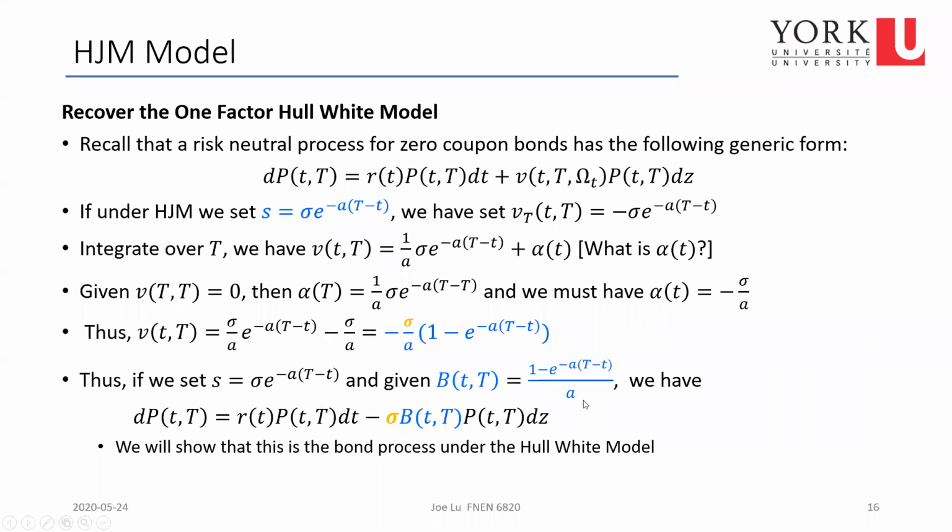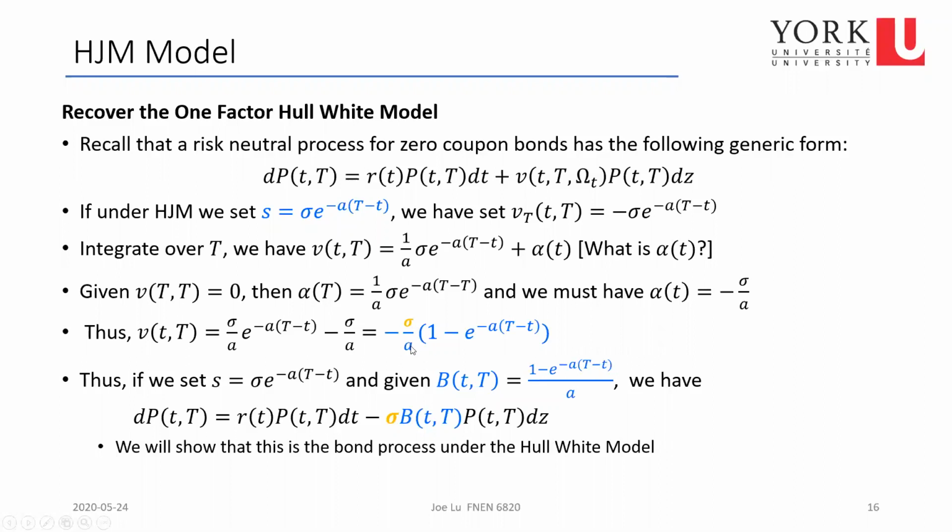So now under the HJM, if we have the volatility of the process taking this rather simple form, we see that we have exactly this vol term that has 1 minus e to the power minus a times (T minus t), which is exactly this B here.